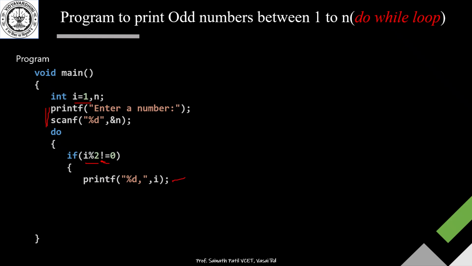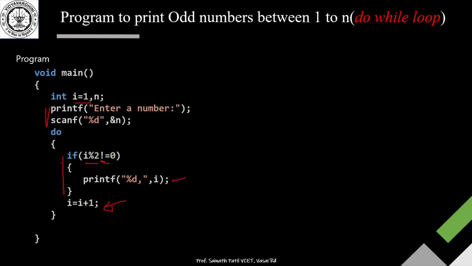If the remainder is there, it will print this value. This is the part under if. If this is not true, it will skip this part. Then it will increment the value of i using i equals i plus 1 or i plus plus, that is, update the value of i.